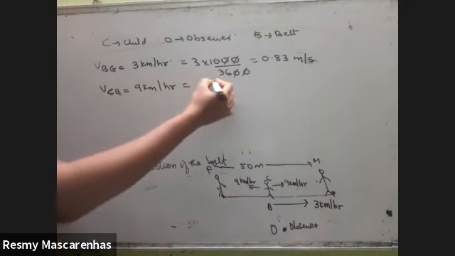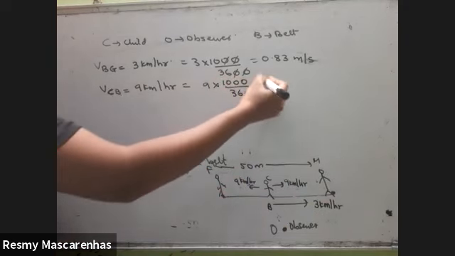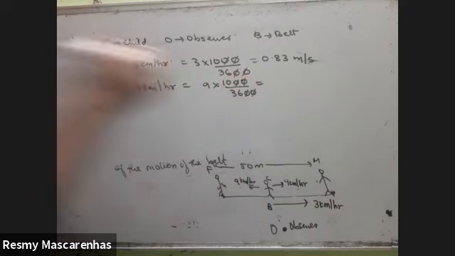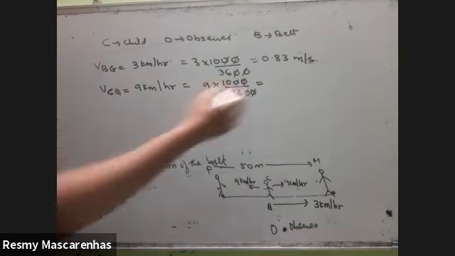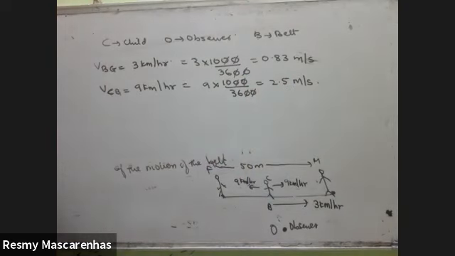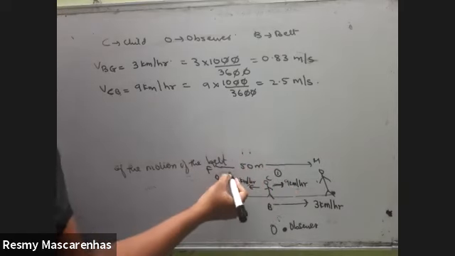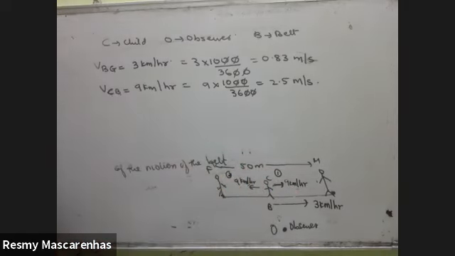So we have to convert this also. Then it will give you 2.5 meters per second. Now what has been asked for the first part? The first part is when he's going this side, and the second part when he's coming back.